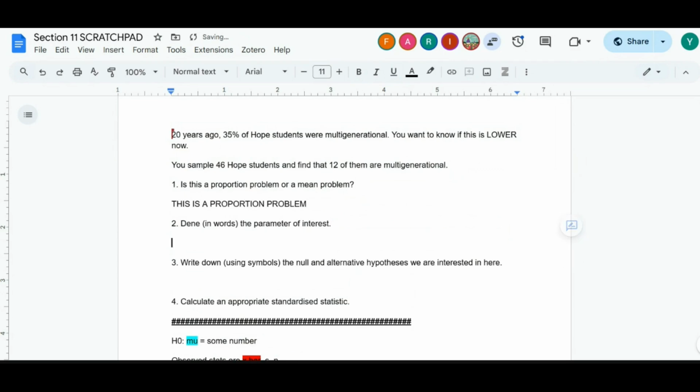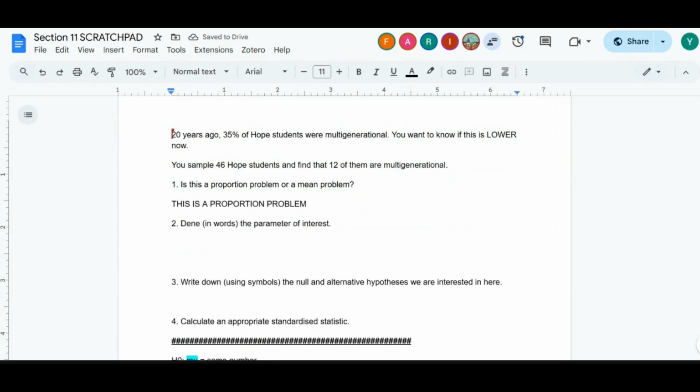Okay, let me help you out here. It's a proportion problem, so this will be the long run proportion. Can you finish the sentence? Thank you, I was just about to get there. Anyone know what I'm getting at? Remember, I gave you the slide: long run proportion blank. Can you fill in the blank appropriately here? In this context, the long run proportion of students at Hope, and what about them?